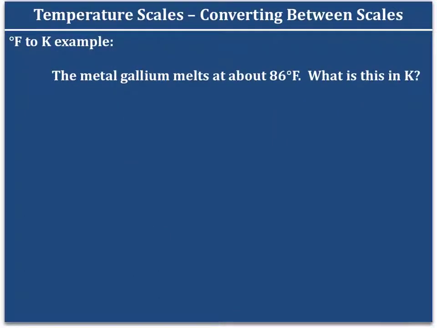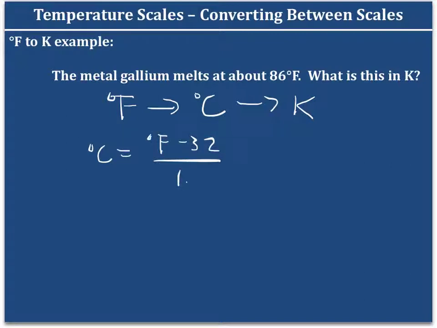Next example, the metal gallium melts at about 86 degrees Fahrenheit. What is this in kelvins? Okay, so we want to go, first of all, from Fahrenheit to Celsius, and then we want to go into kelvins. So we need to know an equation going from Fahrenheit to Celsius. So we have Celsius equals Fahrenheit minus 32 over 1.8. So here's our first step.